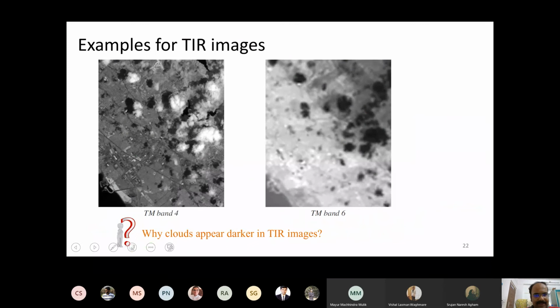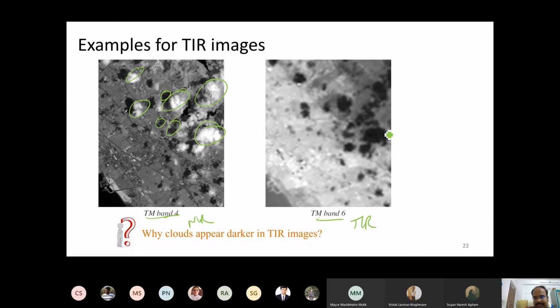And this is an example of a thermal infrared image, showing what the Earth's surface is emitting. This is the band 4 image. Band 4 is NIR, I guess, if I remember correctly. And this is the thermal infrared image. In the NIR image, clouds appear pretty bright because of high reflectance, and these are all cloud shadows because of the stoppage of light.